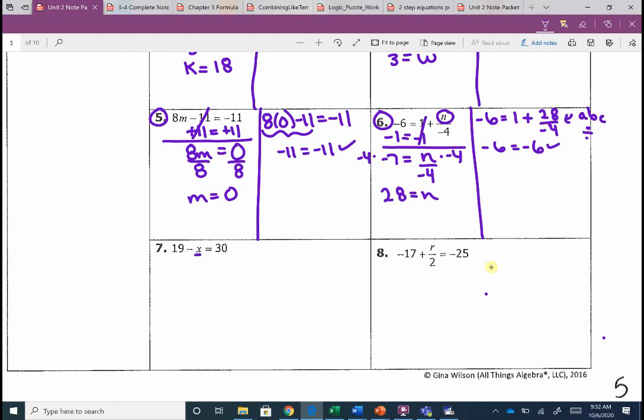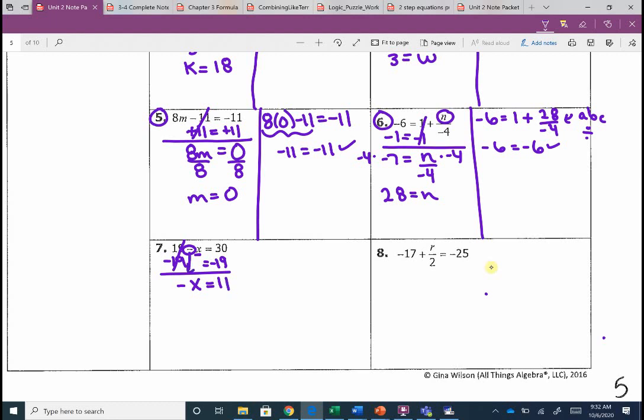So to get the 19 off of that side, I have to do that inverse, or that opposite piece. So the inverse of positive will be negative. Here's where we have to be careful. Positive 19, negative 19, I get a 0. But what really comes down is a negative x. I can't forget that negative sign. It has to follow the x.